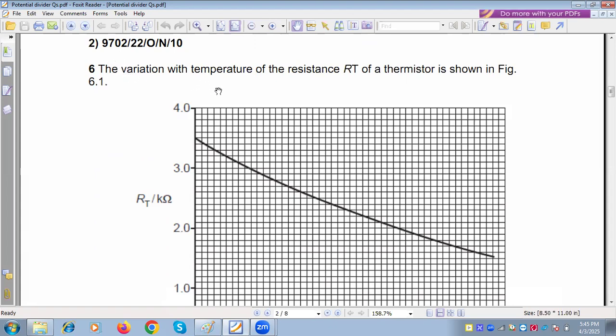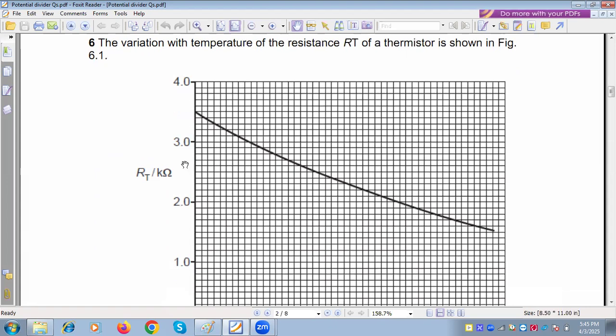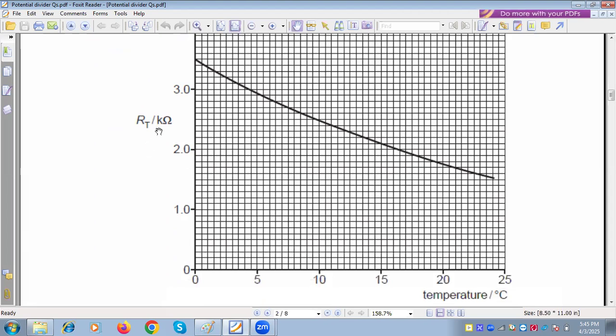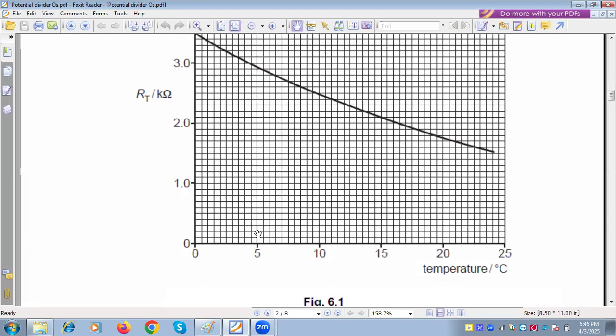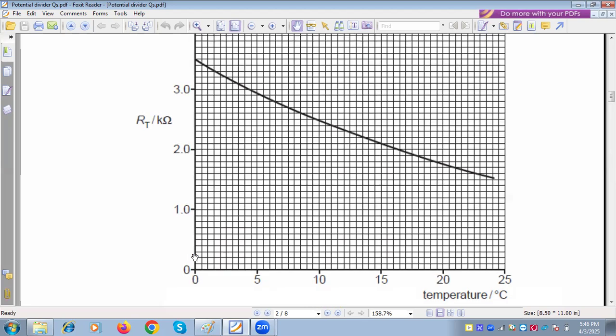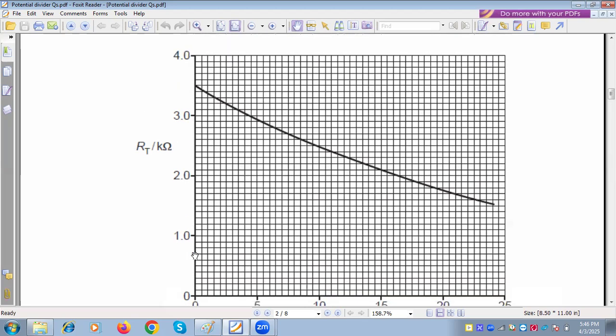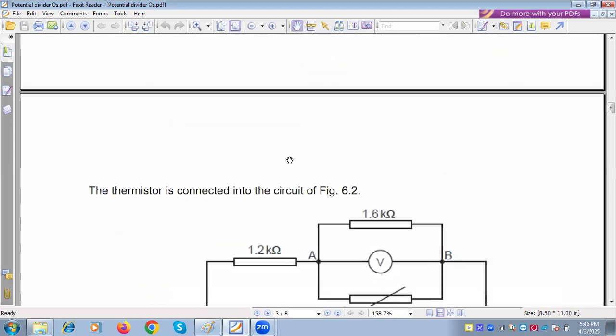The variation with temperature of the resistance RT of a thermistor is shown in the figure. On the y-axis, the resistance of the thermistor is given in kilo ohm and the temperature is taken on the x-axis. The temperature varies from 0 to 25 degrees Celsius, and the resistance at 0 degrees Celsius is 3.5 kilo ohm, 3500 ohms. Let us see what is asked in the question.